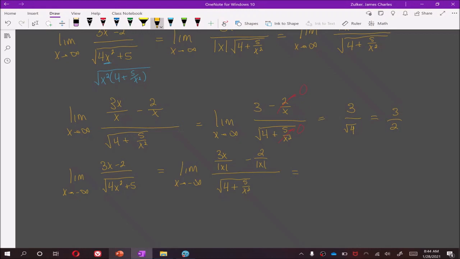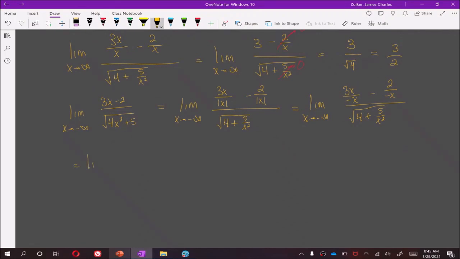Now, since x is approaching negative infinity, all the values of x are negative. So the absolute value of x becomes negative x. So this will become the limit as x approaches negative infinity of negative 3 plus 2 over x, over that square root.